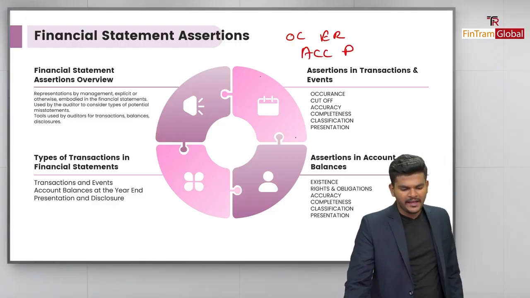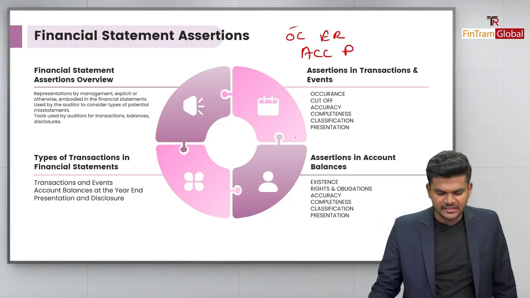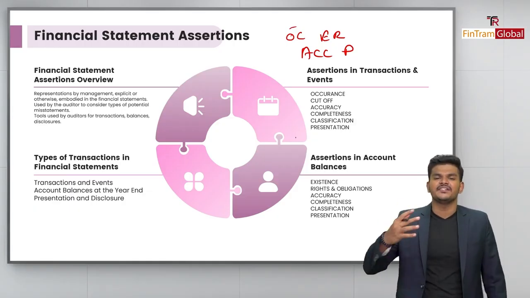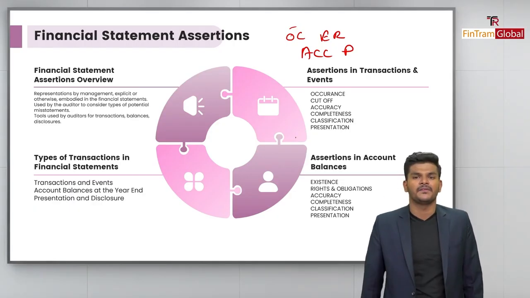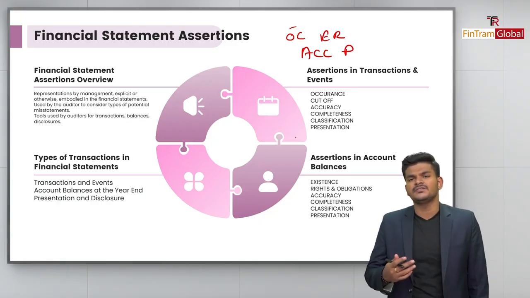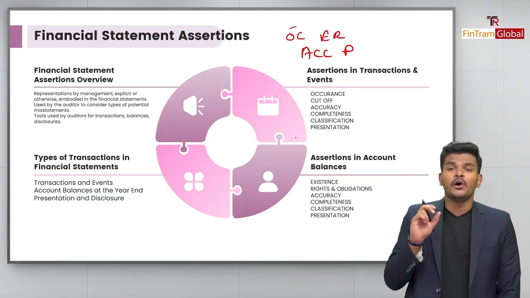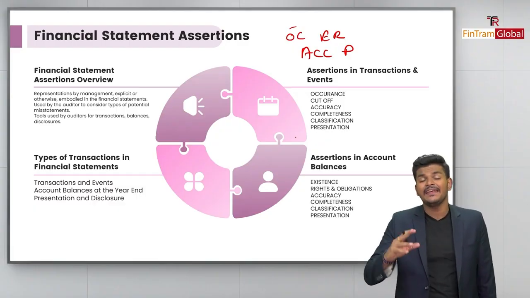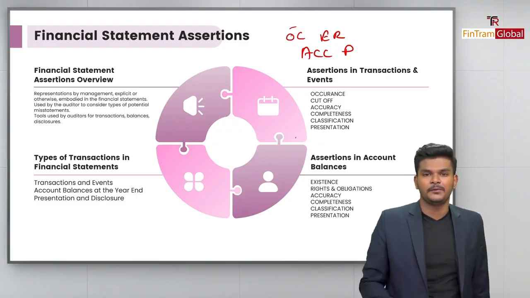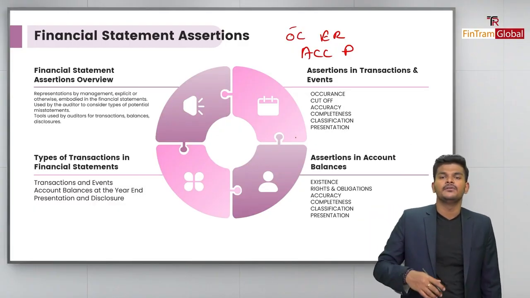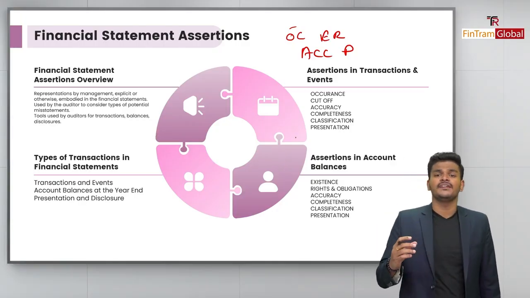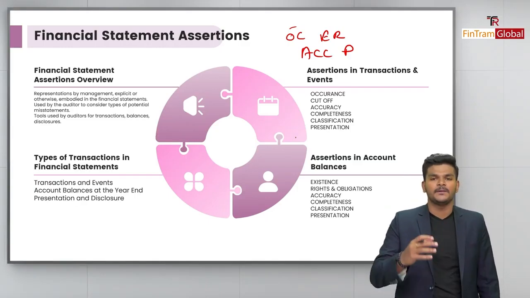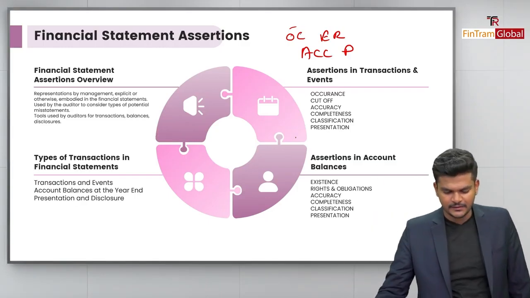So guys, O and C are assertions that are specific to the transactions and events, basically the items in the income statement or the statement of profit and loss. And what do O and C stand for? O stands for occurrence. Has the transaction or event actually occurred? That's what we are defining. And C stands for cutoff. Is the particular transaction or event recorded in the correct accounting period? So that's the idea.